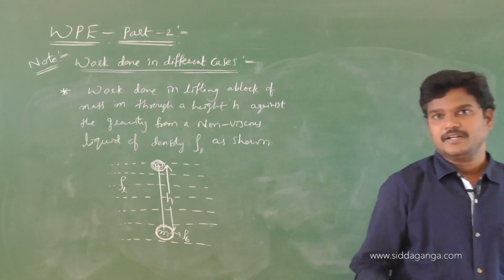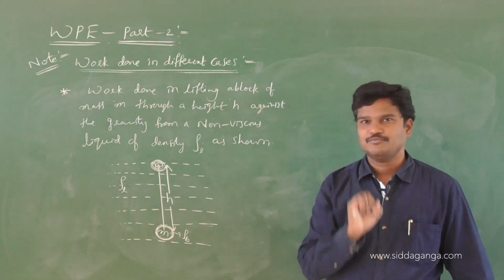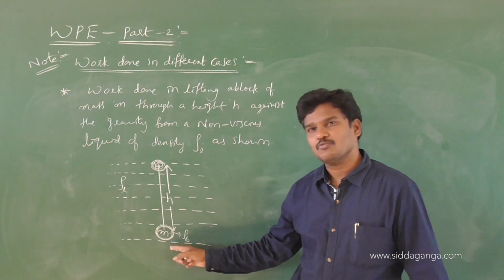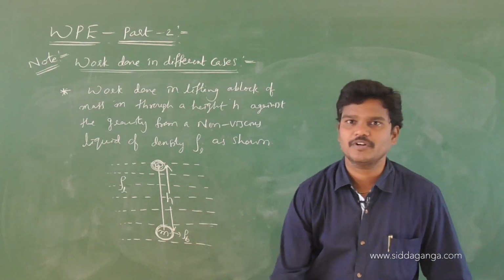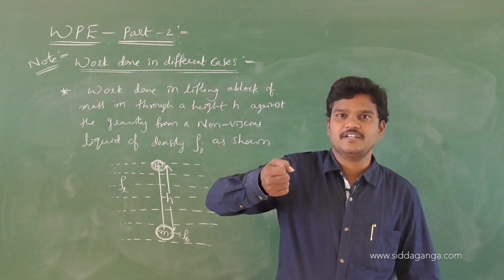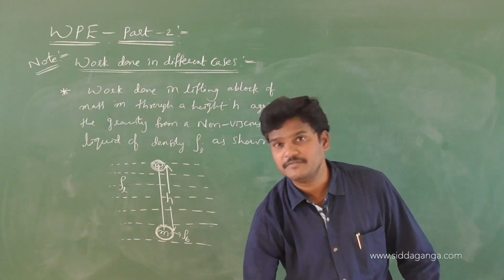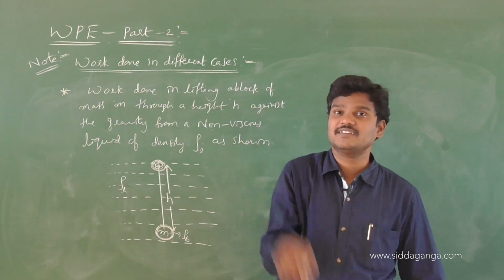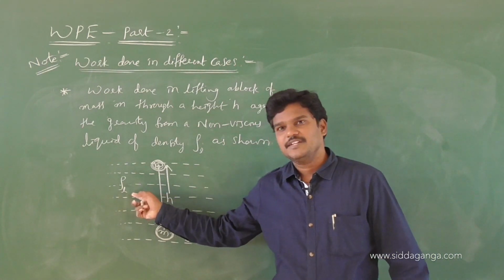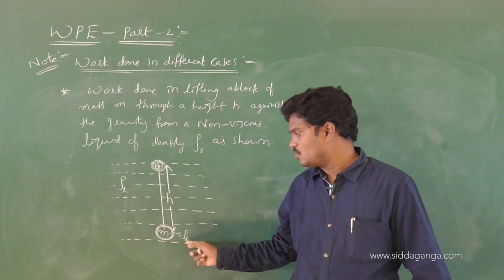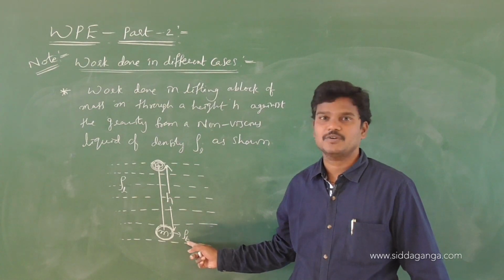See, a block of mass m, or a body of mass m, is inside the water at a depth of h. Now to lift that body through a height h against the gravity, gravity is downwards, and I am lifting that body against the gravity inside the liquid. Liquid density is given. So rho suffix L is the density of liquid, rho suffix B is the density of the body.